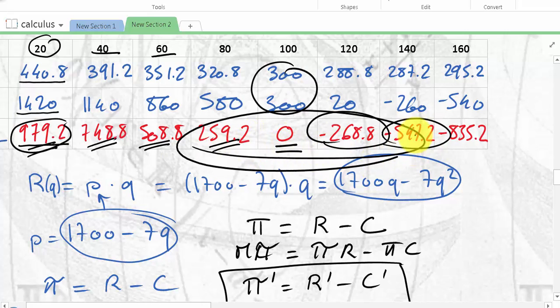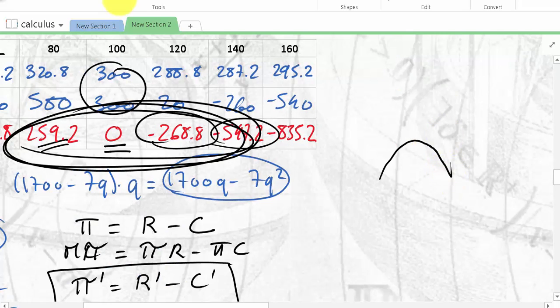You see what happened right here, right? Here, you went from an increasing profit to a decreasing profit, and you found out that right there, pi prime was equal to 0. Remember, horizontal tangent line. So what's the best level of production? Q equals 100 widgets is the best level of production.